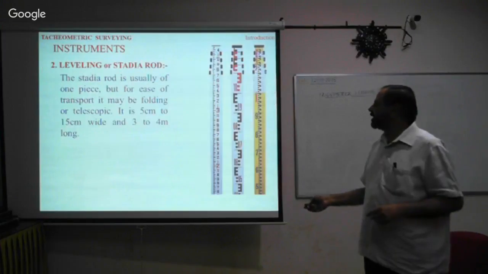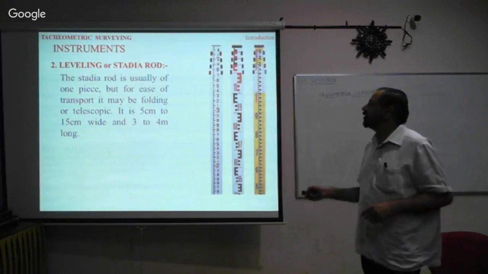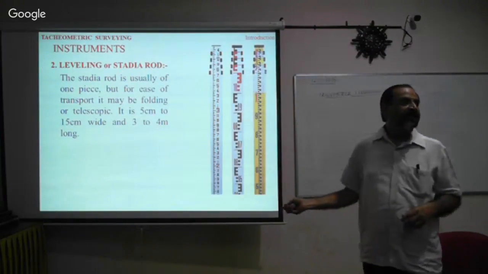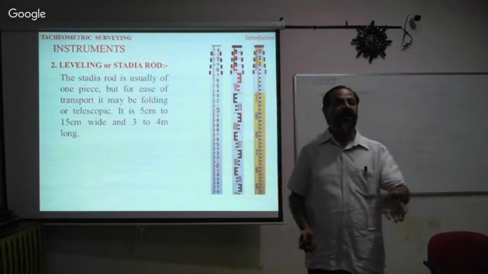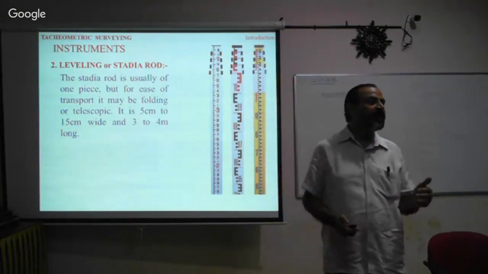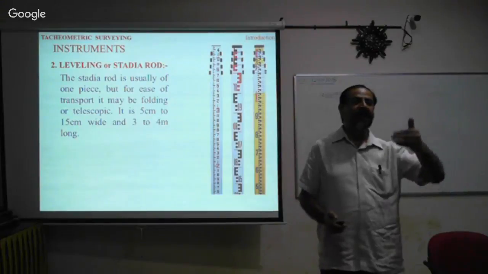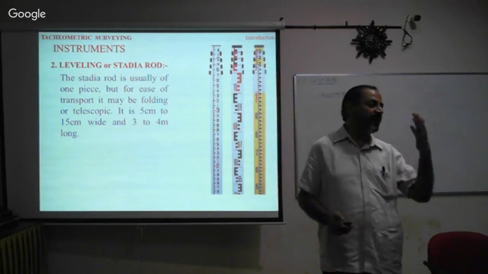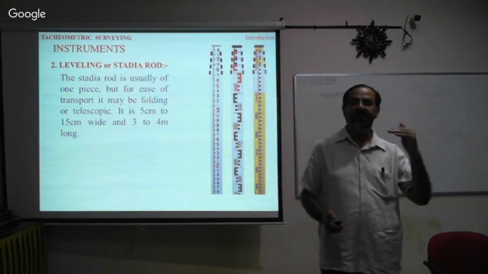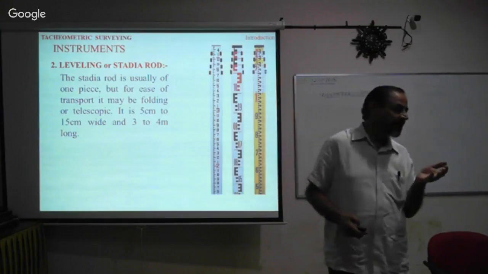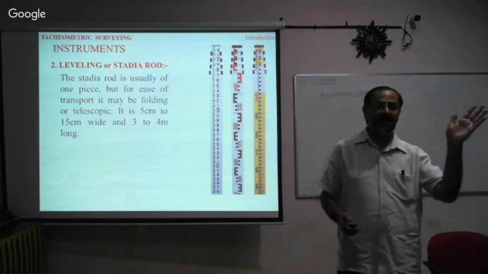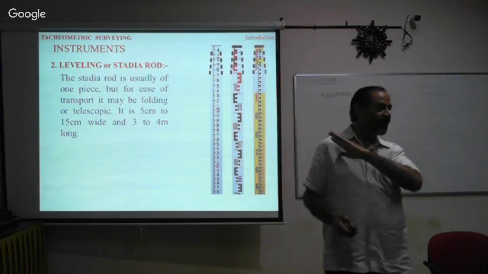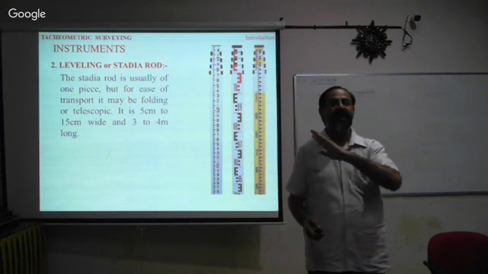And the other instrument is the leveling stadia rod, called the stadia rod. It is a graduated rod, marked in meter, decimeter, centimeter. Our ordinary leveling staff can be employed as a stadia rod.